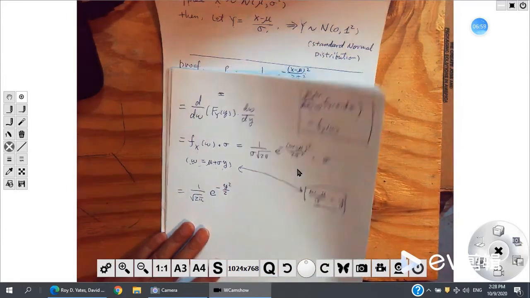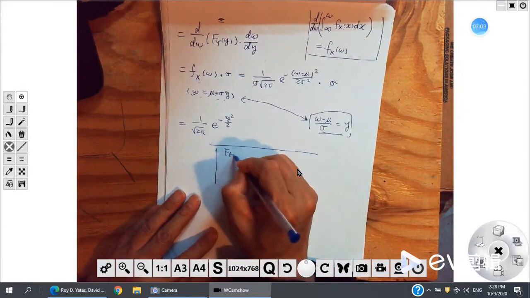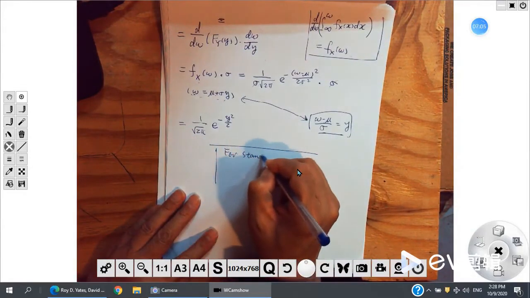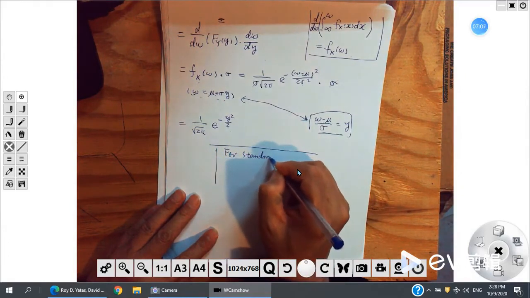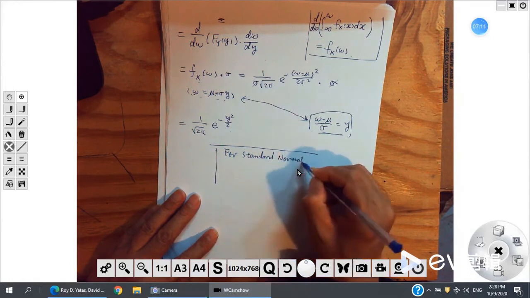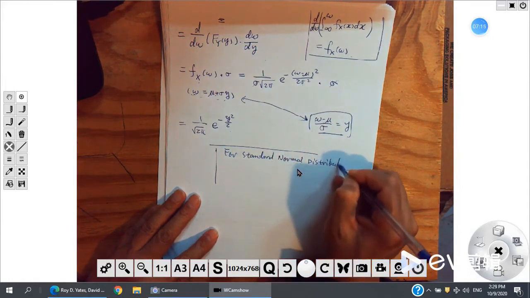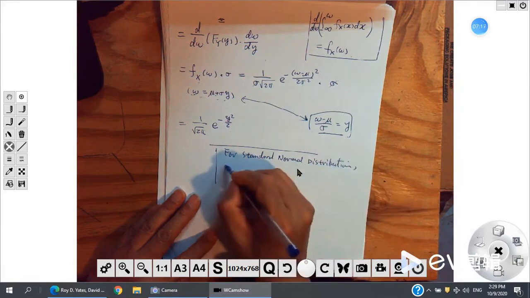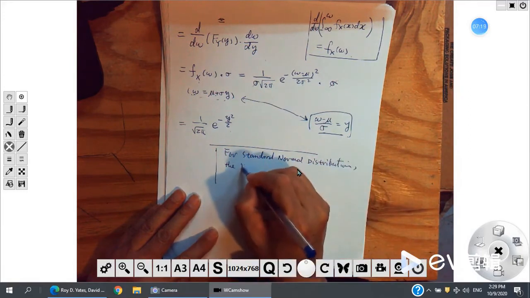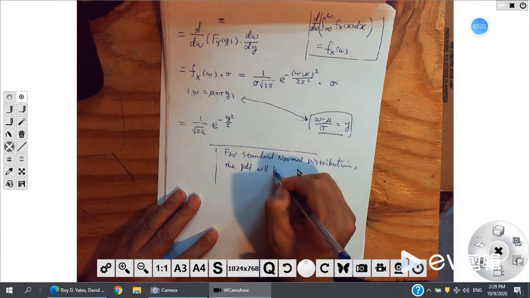Alright. And for the standard normal distribution, the PDF will be what?